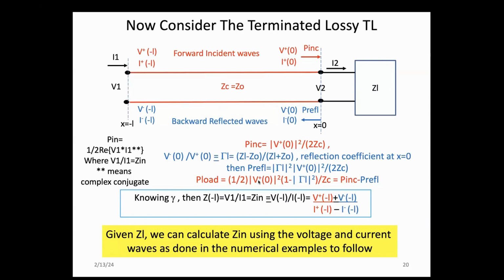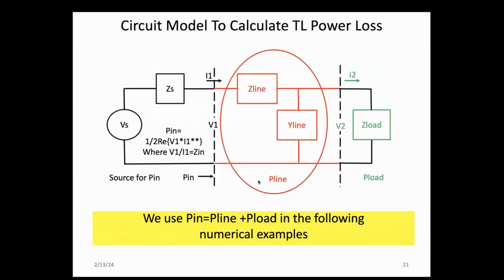It's the incident power minus the reflected power, and now we're using the definition of gamma sub L. So the load power, which is the difference of those two, is given as 1/2 V plus squared at x equals 0 times 1 minus gamma squared, divided by the characteristic impedance. That's the incident minus the reflected power. That is the load power. Okay, let's go to the next slide, please.